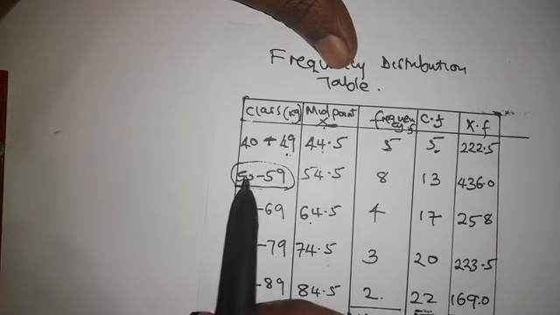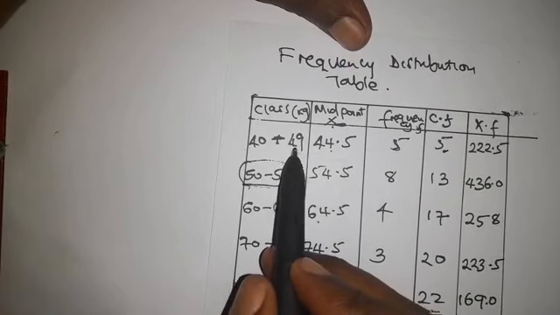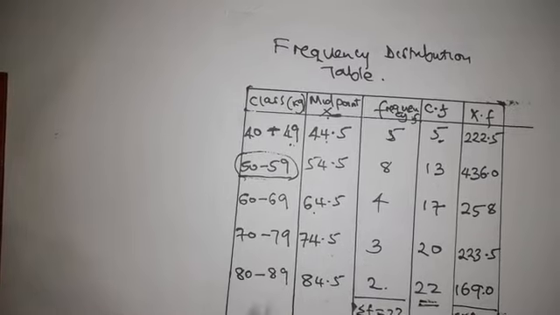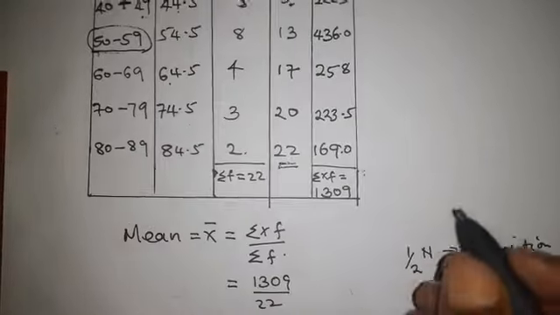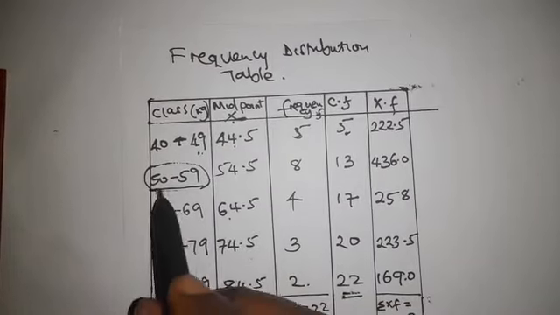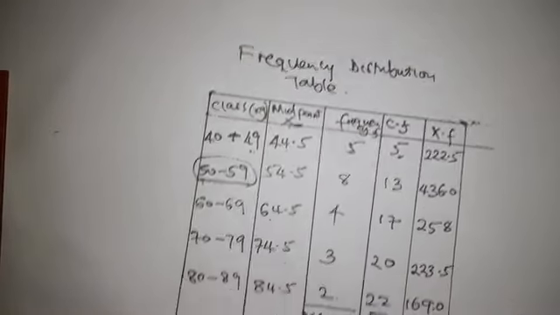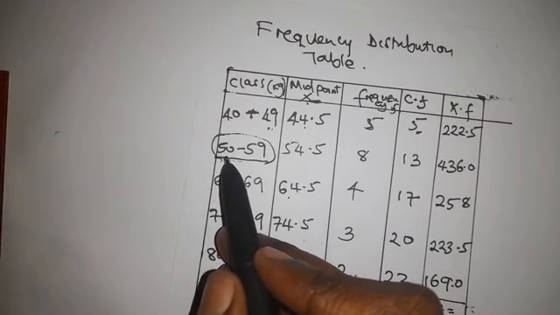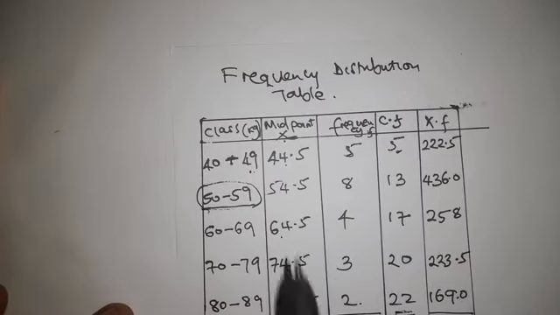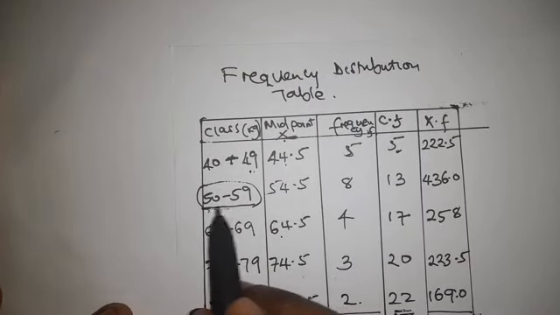How do you work out so that we get 49.5? We take 49 plus 50, the upper boundary here for the previous, plus the lower boundary for the median class. We divide by 2, and the answer we get here is 49.5.